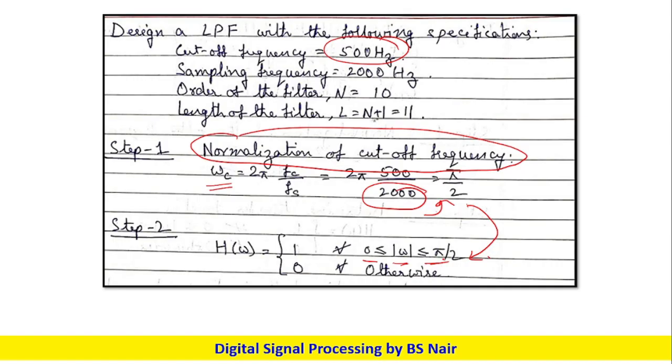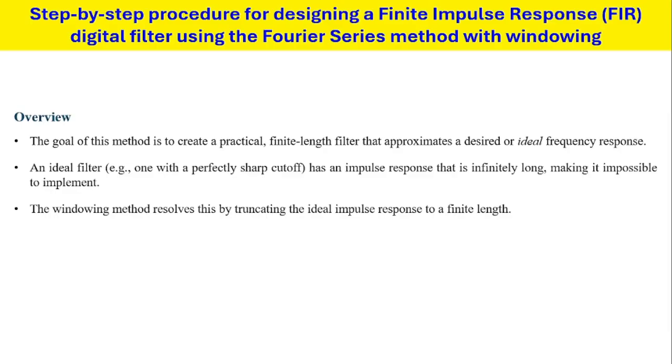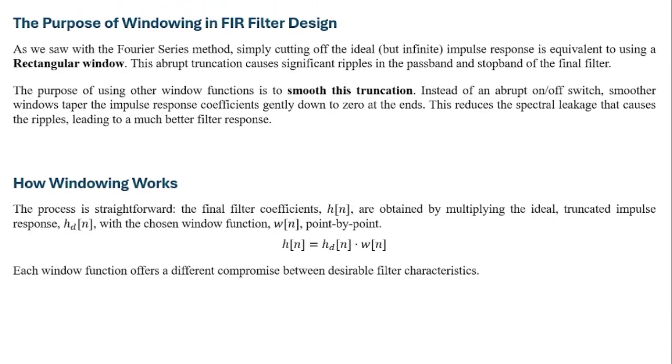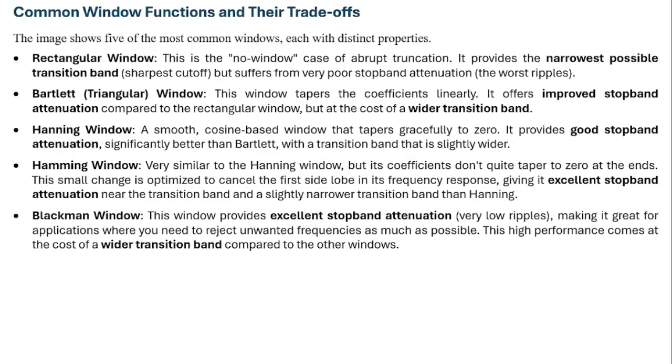So this is the first example that we saw. If you get this kind of numerical, you first have to compute the normalization of the cutoff frequency and then go forward. Okay. So the step by step procedure is as I have just told you.